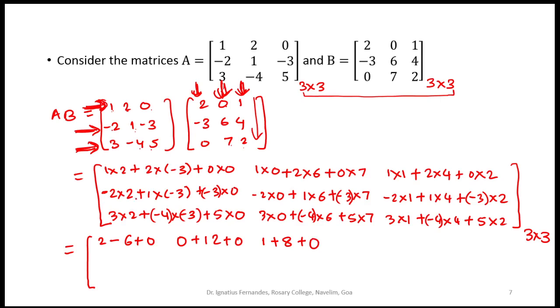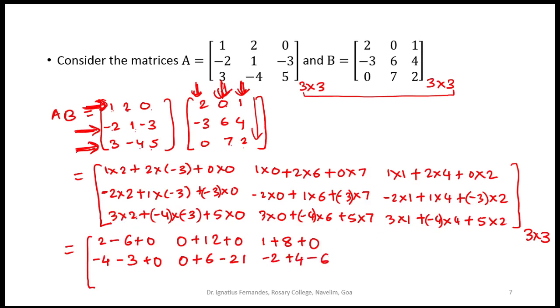Second row, minus 2 into 2, minus 4, 1 into minus 3 and minus 3 into 0. Here I have minus 2 into 0 plus 1 into 6 minus 3 into 7, minus 21. Then I have minus 2 plus 4, 1 into 4 minus 3 into 2, 6.